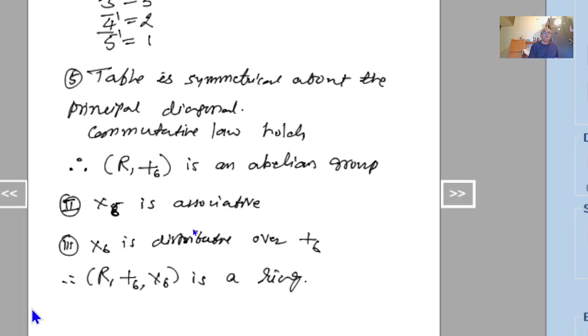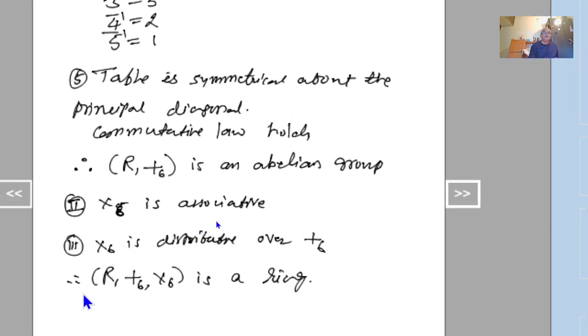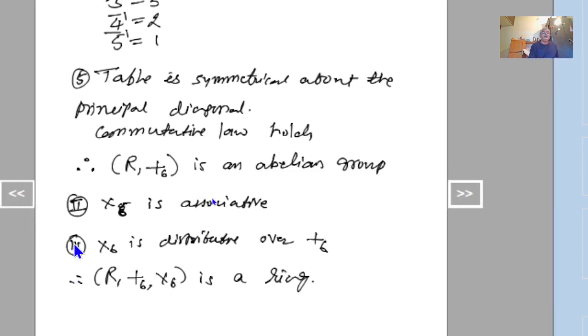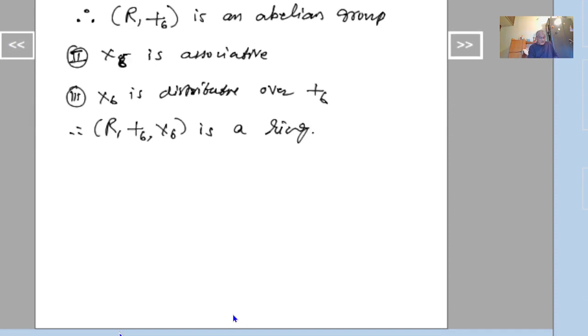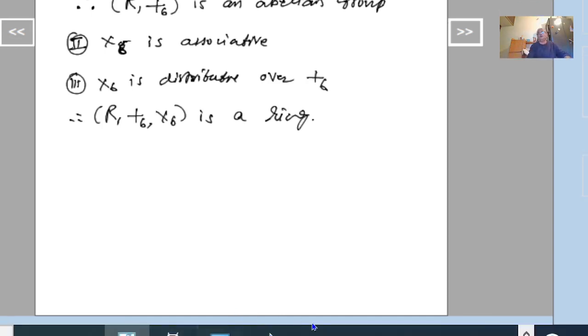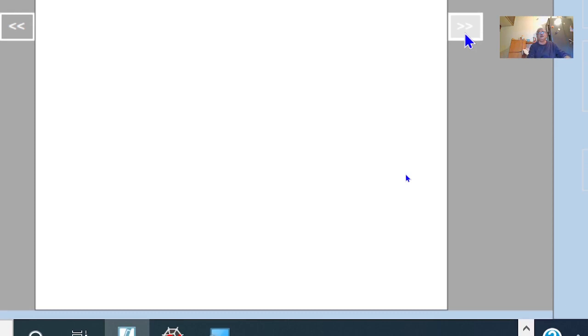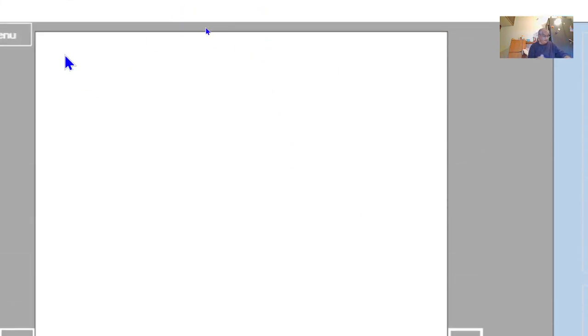And is this a commutative ring? So for that, I have to write one more table here. That is the multiplication table. What I do is I draw the multiplication table, cross 6.